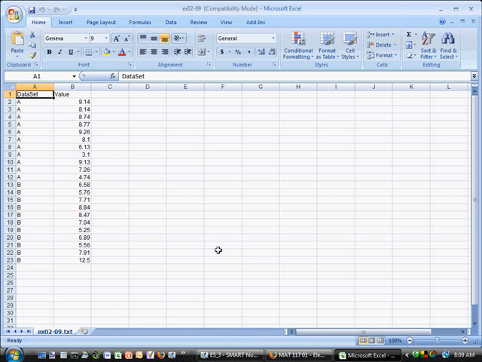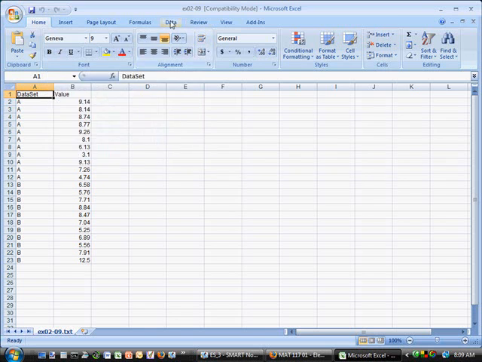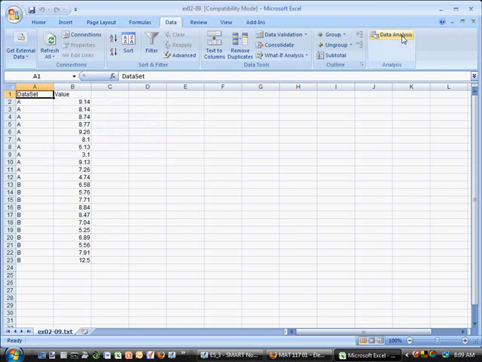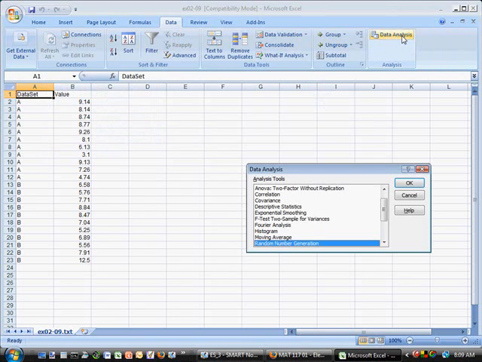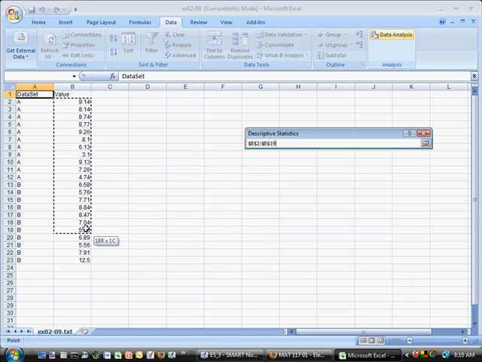Okay, and so to do a standard deviation, you would first click year 2007. Okay, well, then it's slightly different. Tools, data analysis. On mine, the only difference is it's data analysis, so we're almost together. From here on in, it's the same. Descriptive, that's correct. Click OK. And then you want to click and drag on the data that you want to find the standard deviation of.